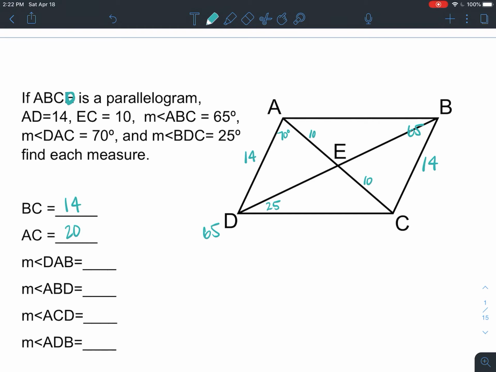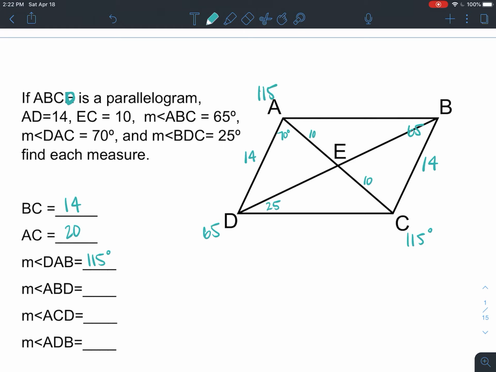So if I do 180 minus 65, that will give me 115 for a total here. That is DAB, 115 degrees, which also means that this one down here is 115.